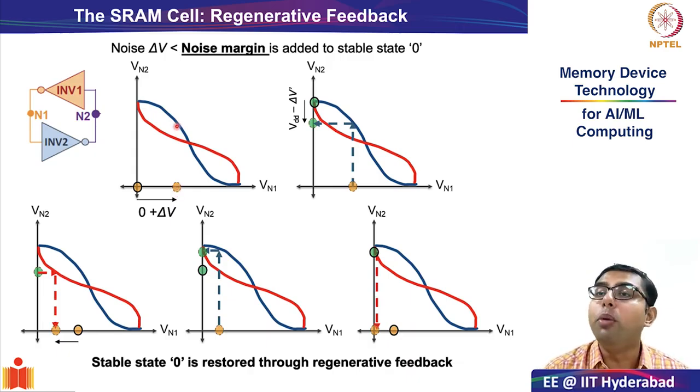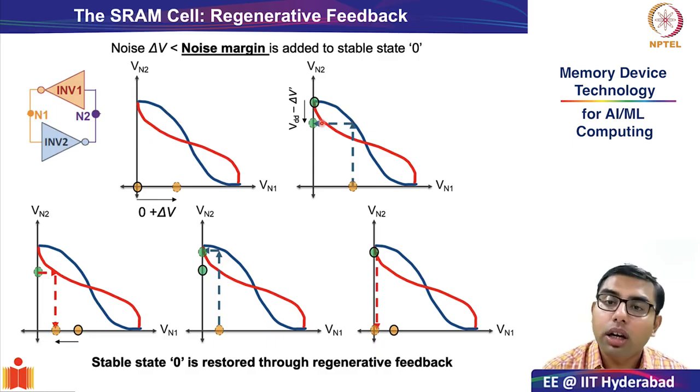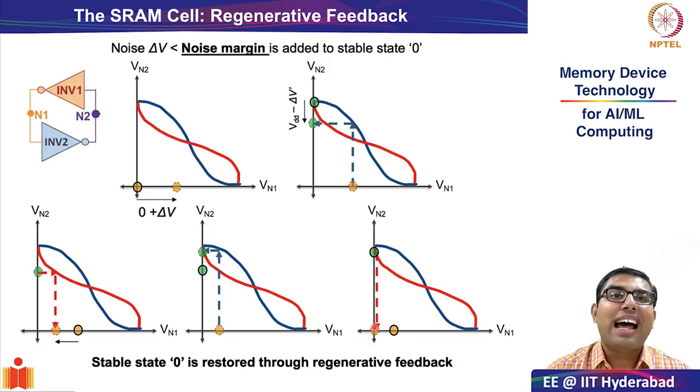It turned out to be the blue curve, and you did it successively bouncing off curve blue and curve red, and you saw that just within a few bouncing of the hysteresis curves, the values of Vn1 and Vn2 have been restored to the original values.